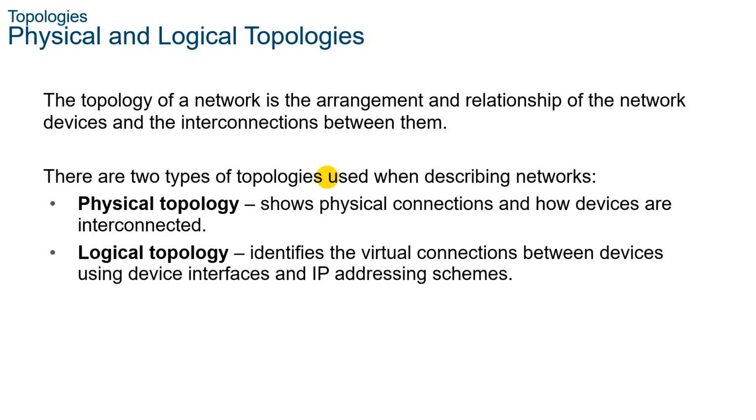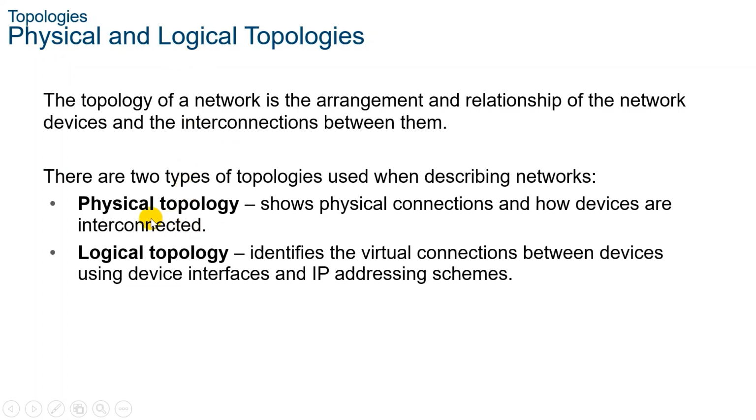The topology of the network is the arrangement or relationship of network devices and the interconnections between them. So that's topology. There are two types of topologies, as I have mentioned earlier: the physical and logical topologies. Now, what's the difference between the two?